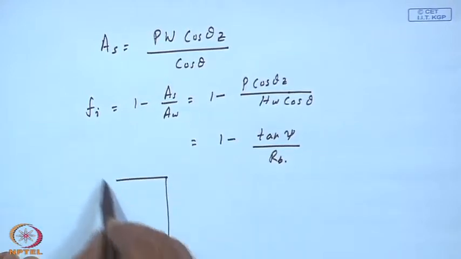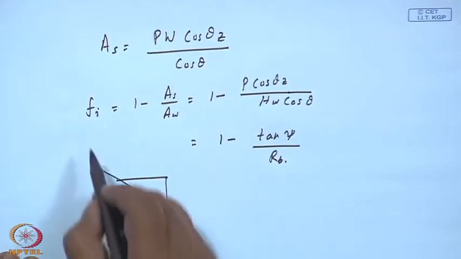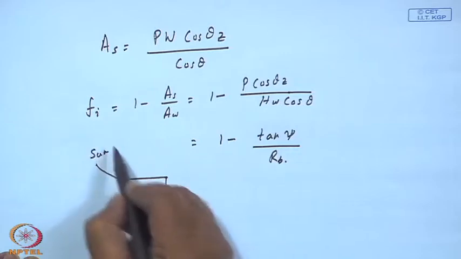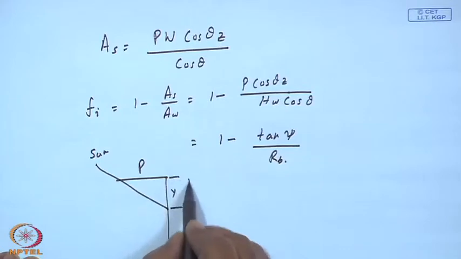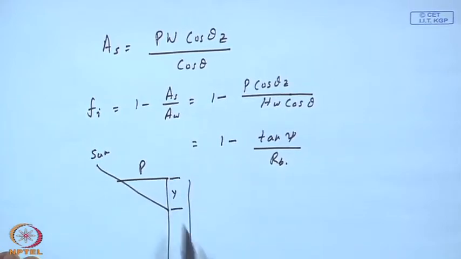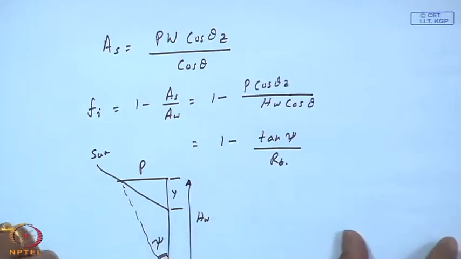This is the sun's ray, this is the projection, this is y, and this is H W, and if I draw a line like this it will be psi. Okay.